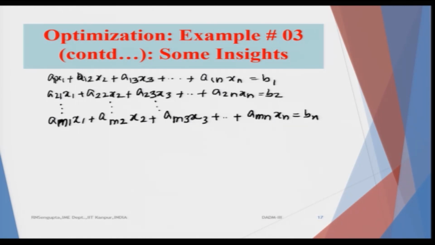Now, look at this equation. Here I will be talking more of basic mathematics, which I am sure all of you know. Consider you have an equation 2 x1 plus 3 x2 is equal to 5, and in another case 5 x1 plus 10 x2 is equal to 10. What will you do? You will use both equations.